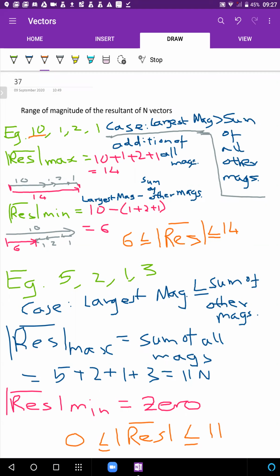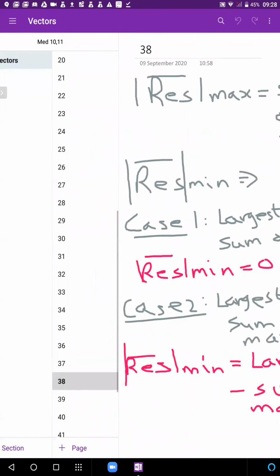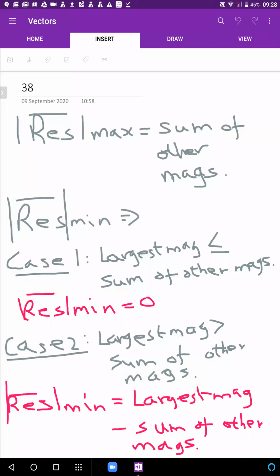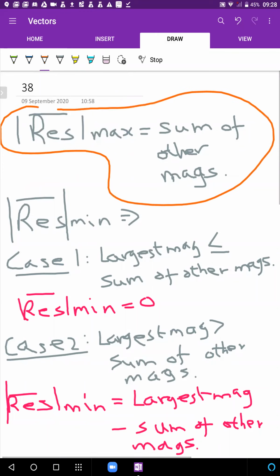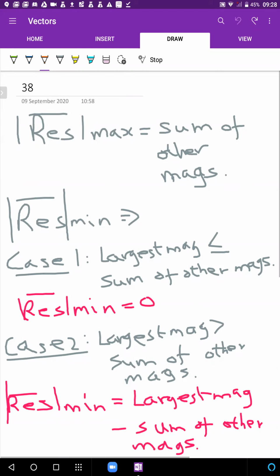हो गया ये पेज का? Page 38 is same thing. I've just concluded maybe in a better way. I've just said कि resultant का max is simply sum of all magnitudes. I'm so sorry, this is sum of all magnitudes. I'll correct this.